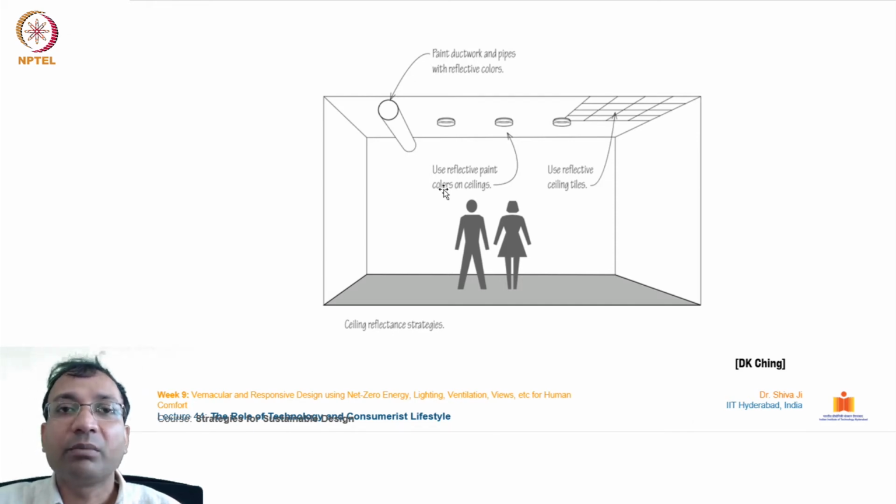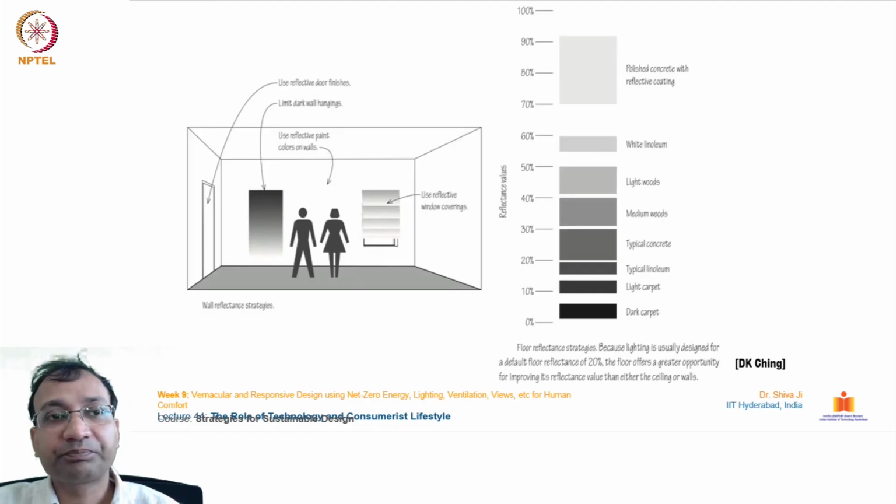But in some places, depending upon the application and usage, if it is a factory, sometimes they color it white to create this reflection, so that there is ample diffused light everywhere, so that one can see what is going on. So it depends on the application and the uses. Accordingly we can choose the surface materials and other things.